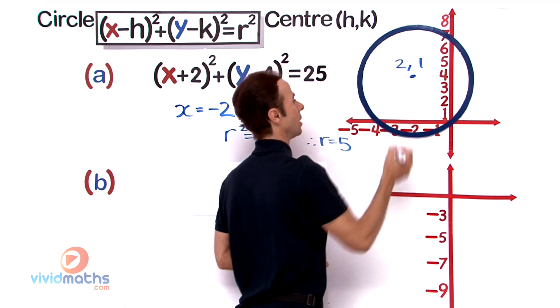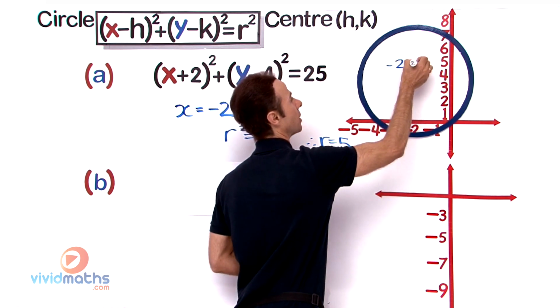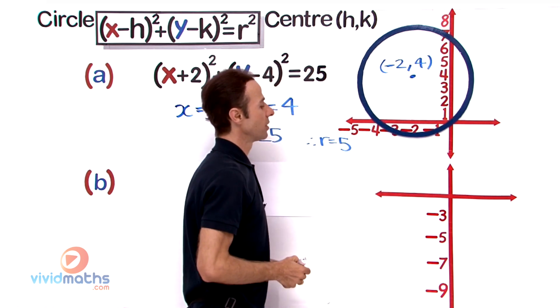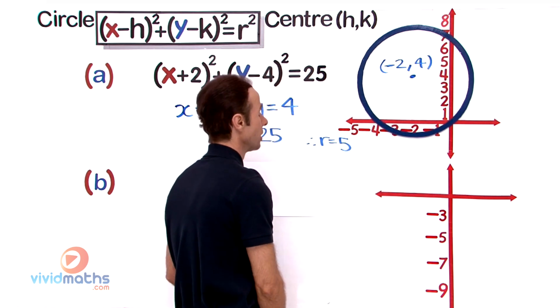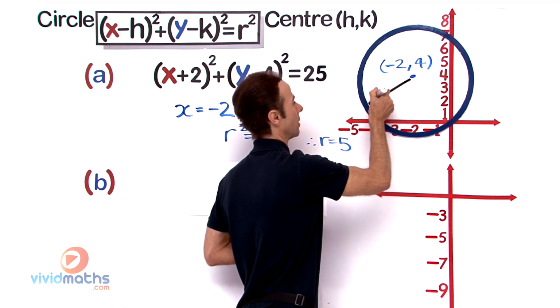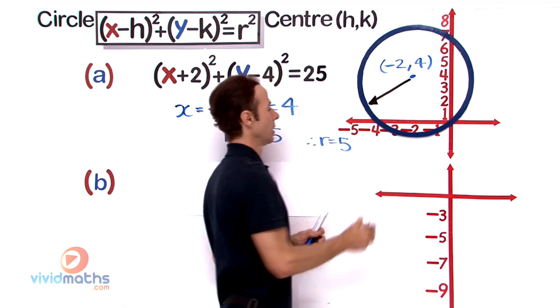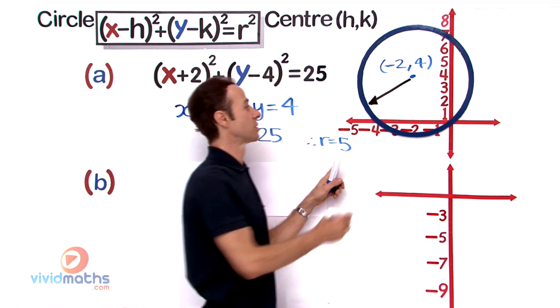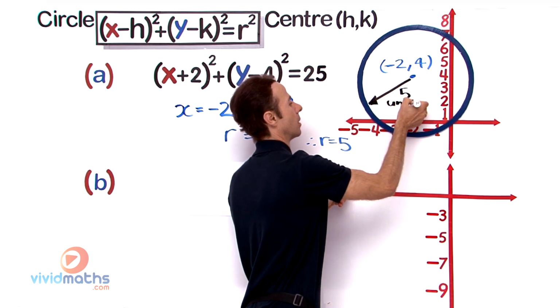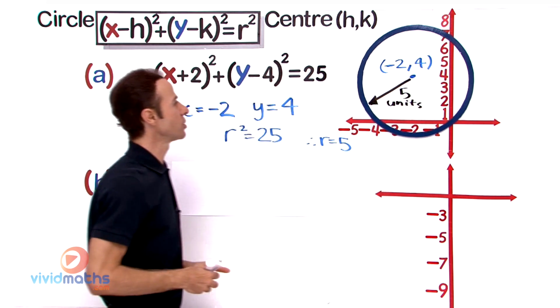It's negative 2, 4. Okay, and the distance, the radius, is going to be how many units? 5 units. Okay, that's our first circle.